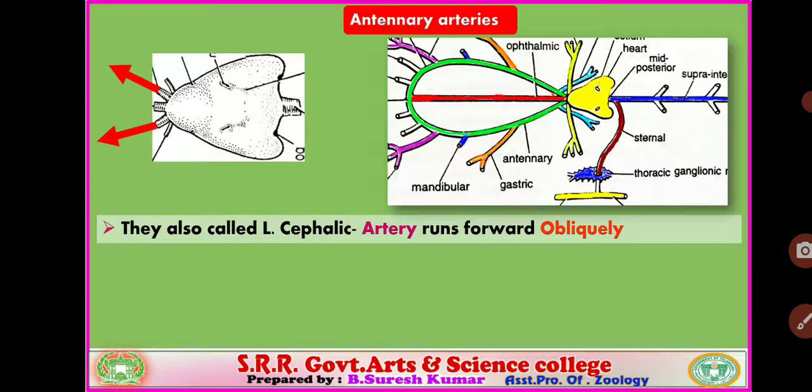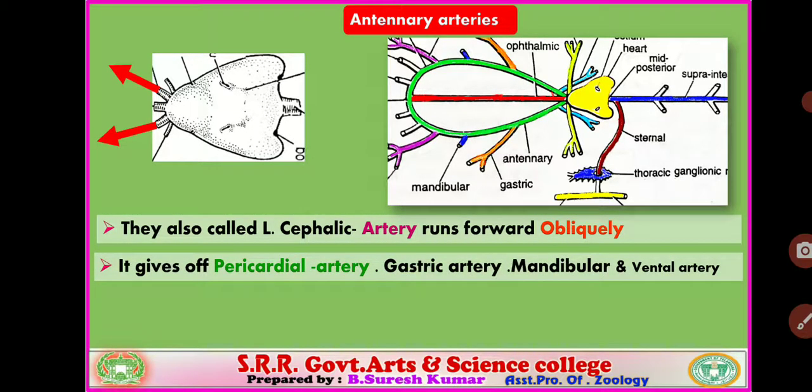They run forward obliquely and give off pericardial artery, one branch. You observe that is pericardial artery, and gastric artery, another branch. You observe that is gastric artery, orange color, and mandibular and ventral artery in front. So in front of the gastric artery you observe mandibular artery, blue color, as well as ventral artery.